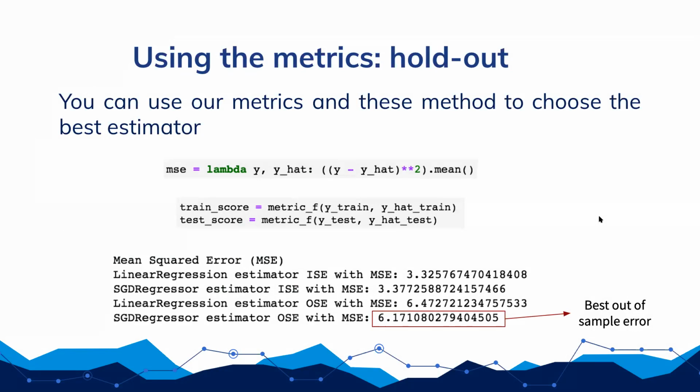For example, we have a mean square error of 3.32 on the training data, but when we look at the holdout set, we have double the error, because we are not looking at the training data where the parameters were fit. We are looking at new data that has a new reality, and we want to measure how well our model will do in the real world.